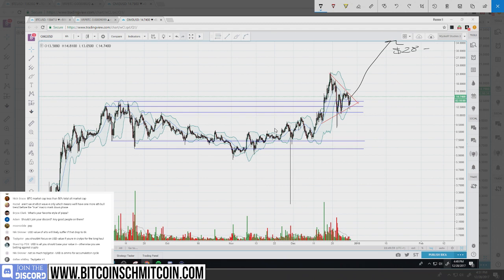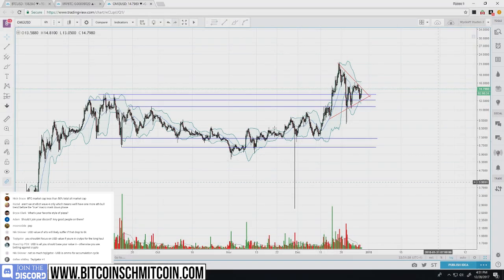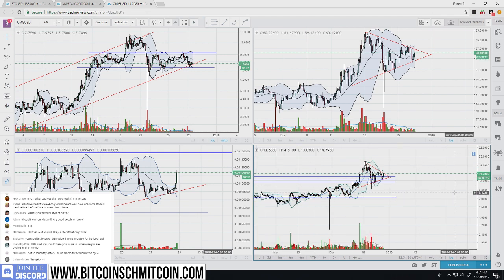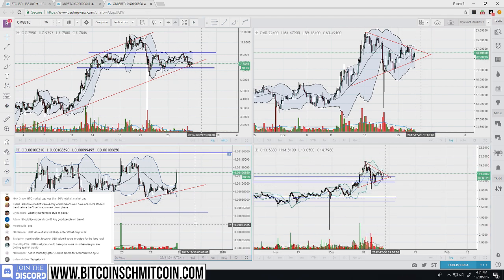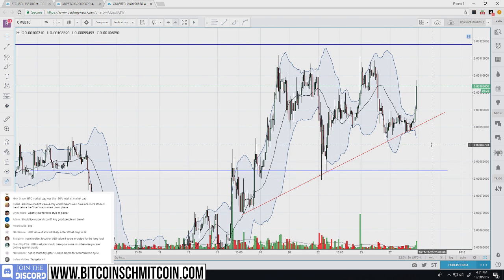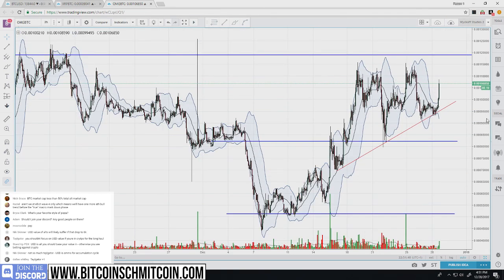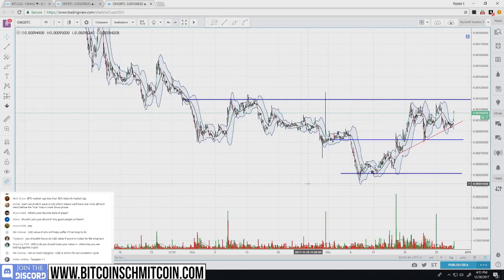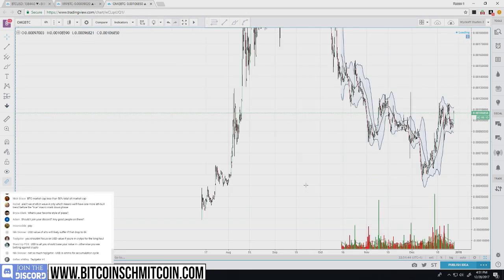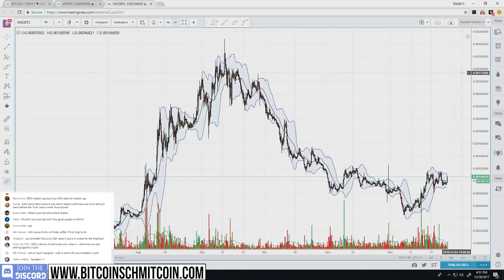Okay, and let's look at the BTC pair as well, because it further substantiates this argument. So where is it? OMG BTC. Yeah. Let's zoom out so we can see what we're dealing with here.